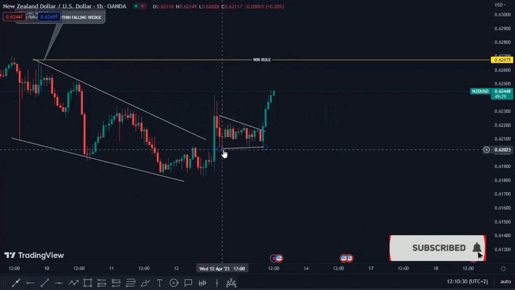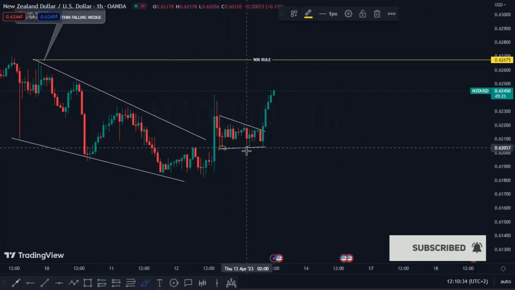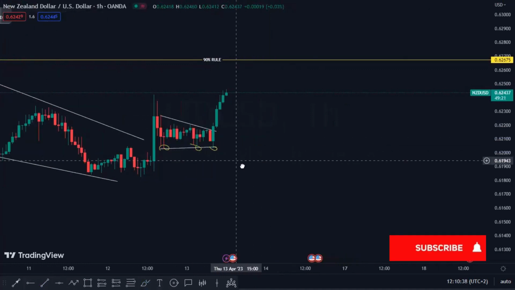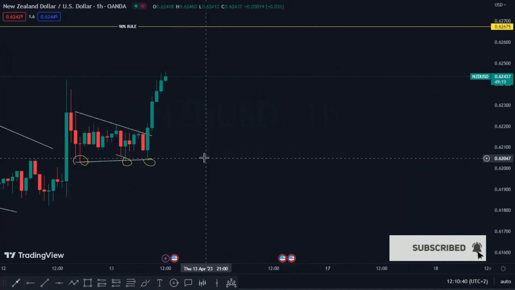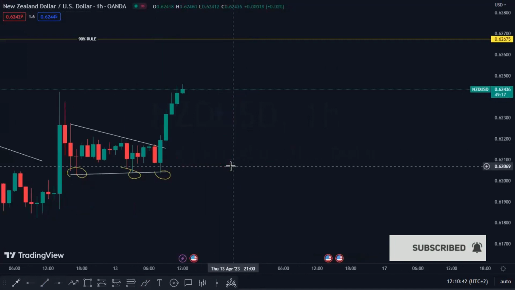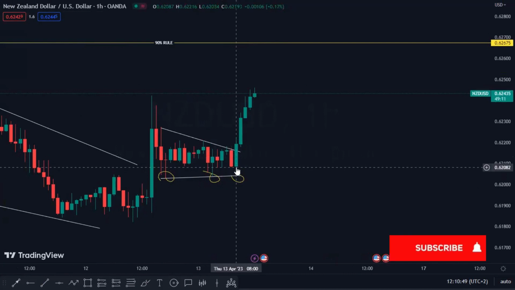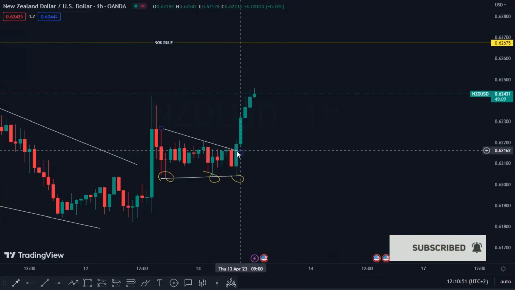And obviously with my first touch right over there on the bottom side, my second touch right over there, and obviously this is my third touch. And you can see how the third touch gave us a candlestick formation. Obviously, it gave us a 1 hour retracement candle. You can see how we had this bearish engulfing candle, and obviously price just pushed to the upside, erasing this bearish engulfing candle.